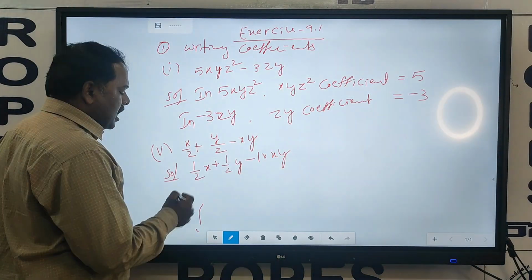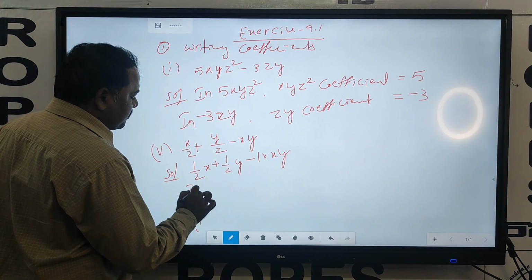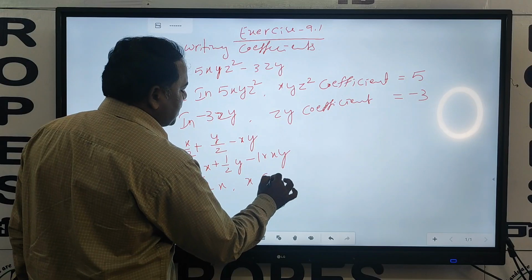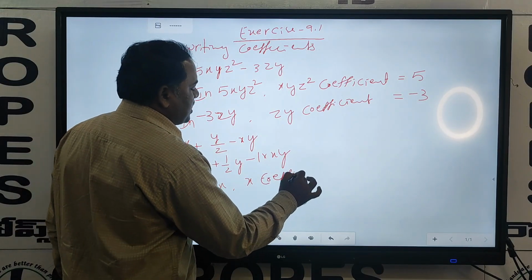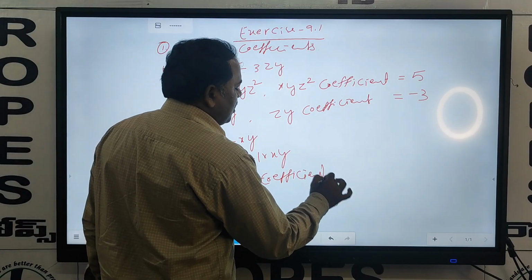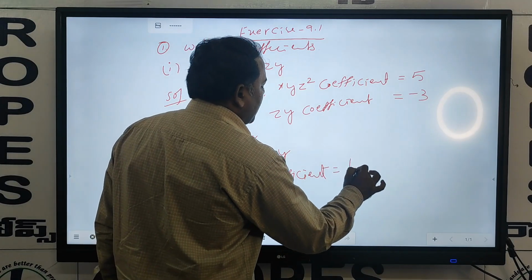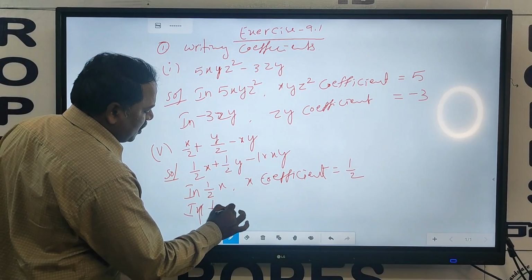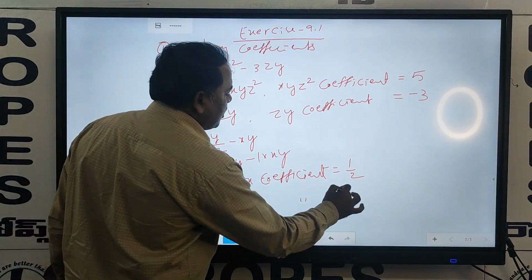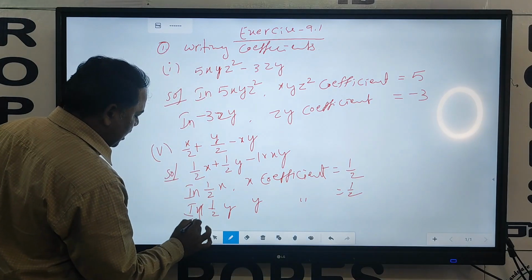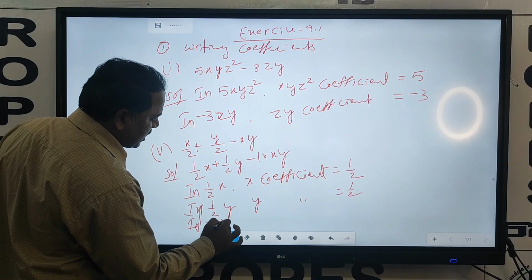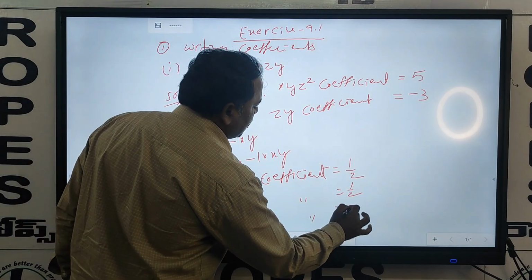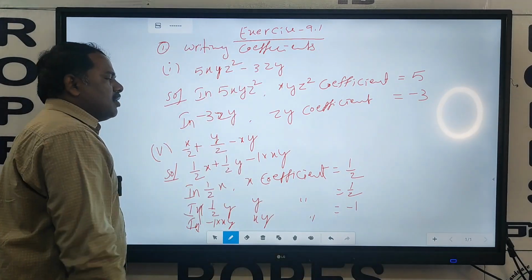After writing like this, in 1 by 2 into x, coefficient is equal to 1 by 2. Similarly, in 1 by 2 into y coefficient is equal to 1 by 2. In minus 1 into xy coefficient is equal to minus 1. Like this we have to write.